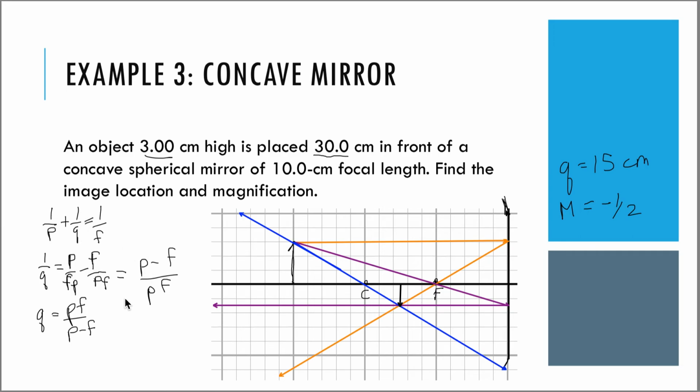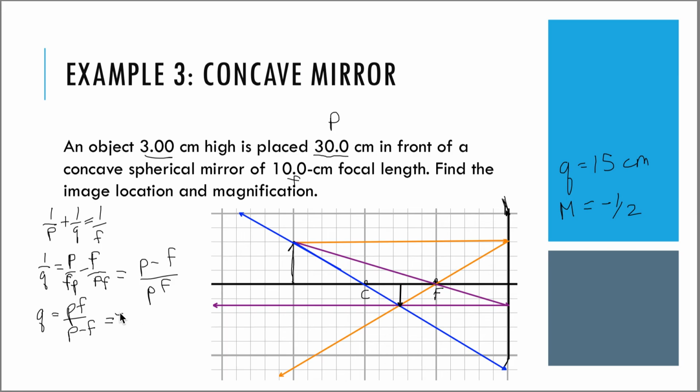And now it's a lot easier to put in the values. So p is right here, the object distance, and then f is right here, the 10 centimeter focal length. They're both in centimeters. You don't have to do any conversion of units.